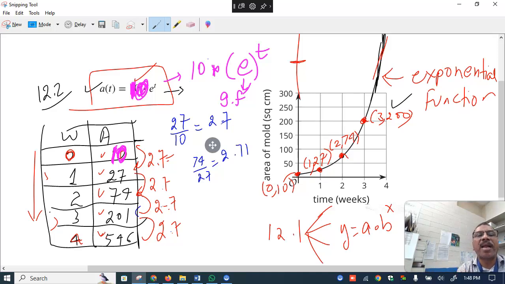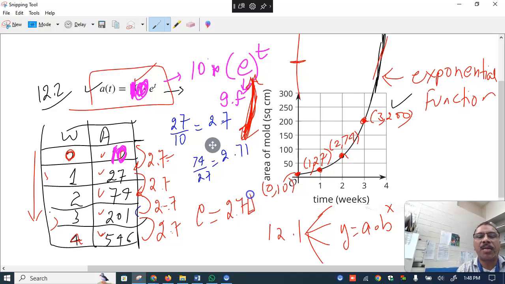But the point is trying to connect, oh, this e is the same as 2.71. So if you compare this in the equation, e is 2.7 and a little more.